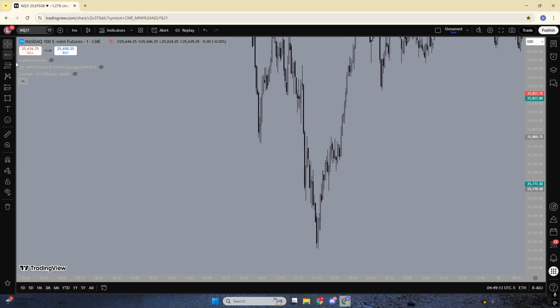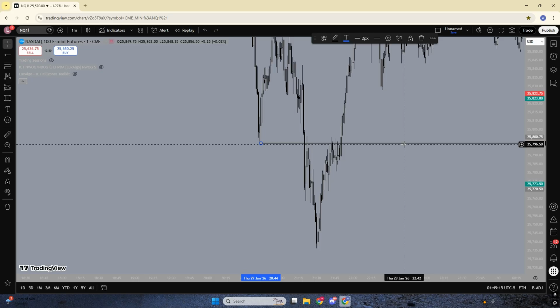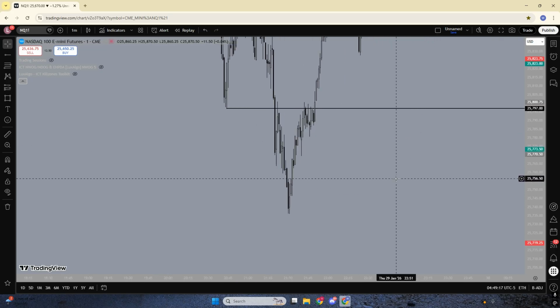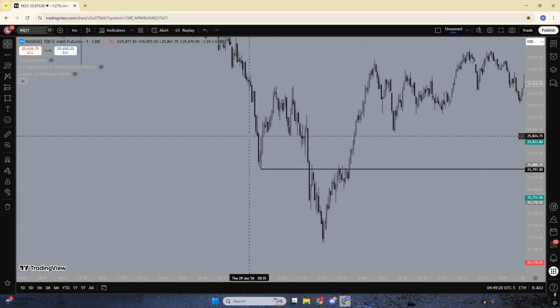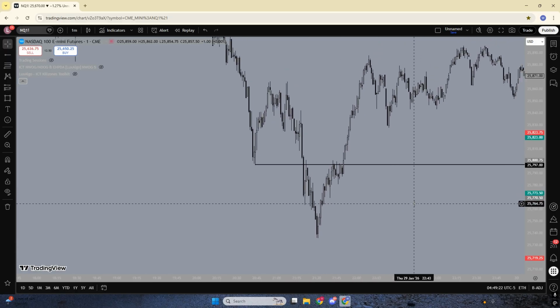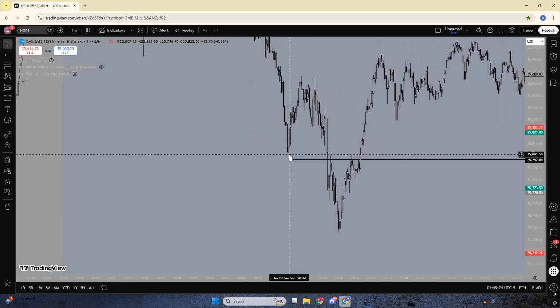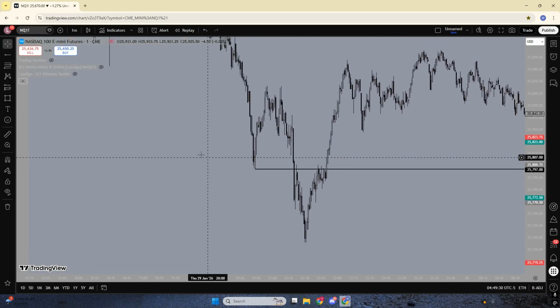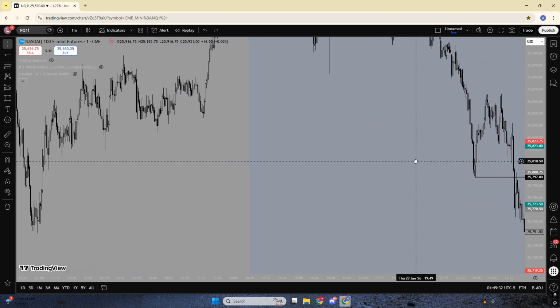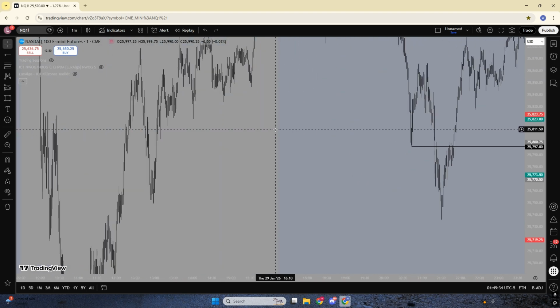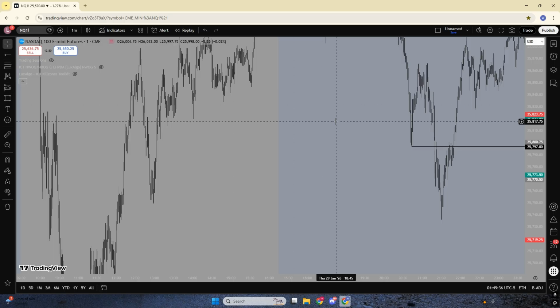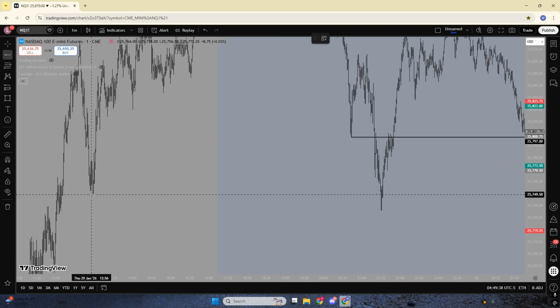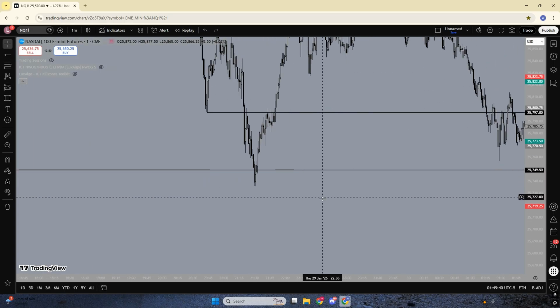Okay, here's another example of a fair value gap, I mean, a liquidity sweep fair value gap entry. We have a swing low, a lot of orders. Banks are trying to get filled, right? And there's also another point here that is swept.